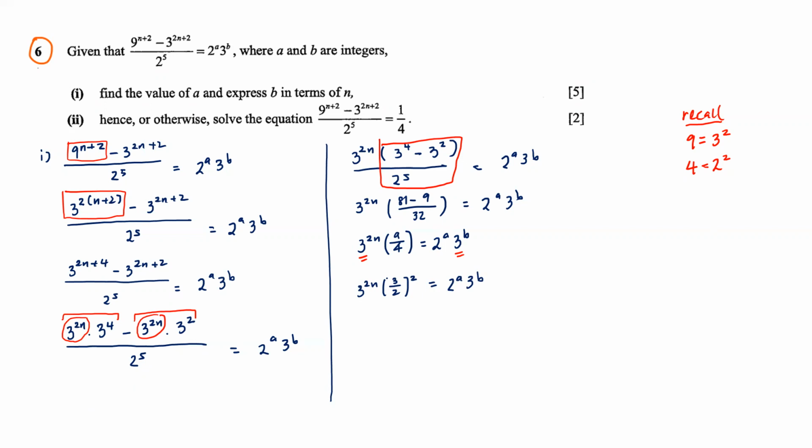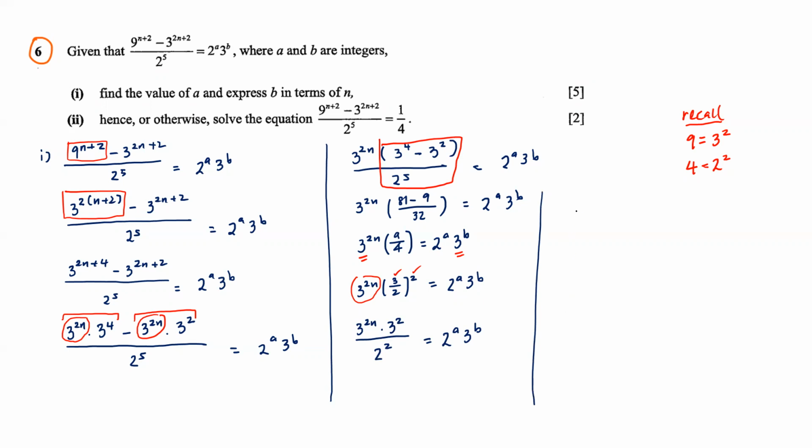What's next? Next, I'm going to combine the terms where they have the common base, and that is 3 to the power of 2n together with 3 to the power of 2. So I will have something like 3 to the power of 2n times 3 to the power of 2 over 2 to the power of 2 equals to 2 power a, 3 power b. Everything now is in terms of a base 2 or 3.